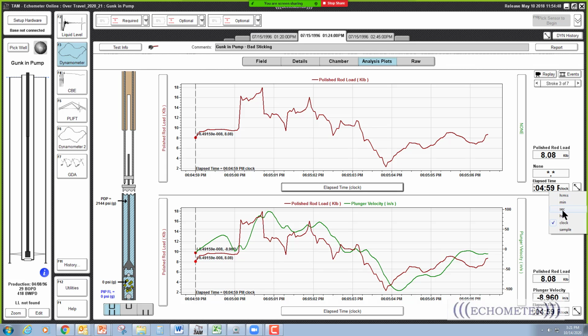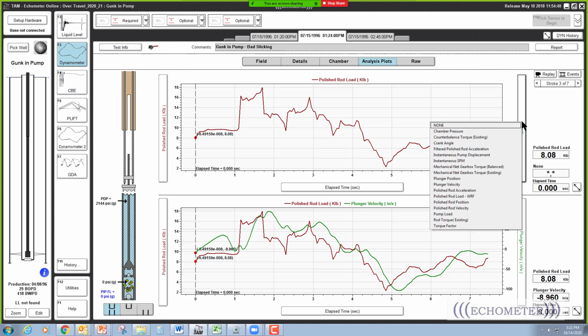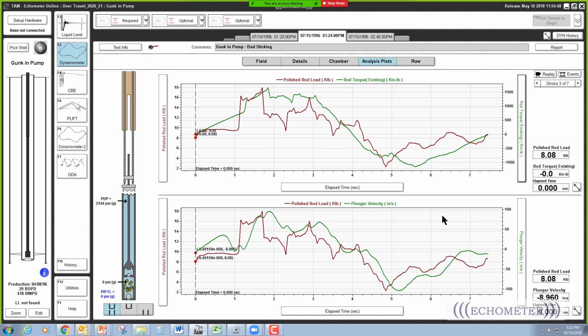I want to plot in terms of seconds. All right, so here is the polished rod load, and I'm going to come down here and plot the rod torque. Okay, rod torque, there.